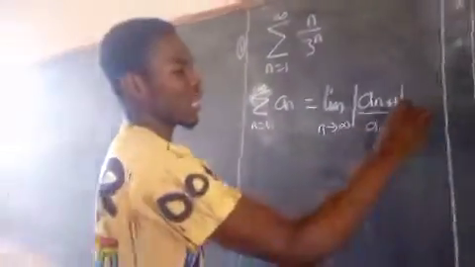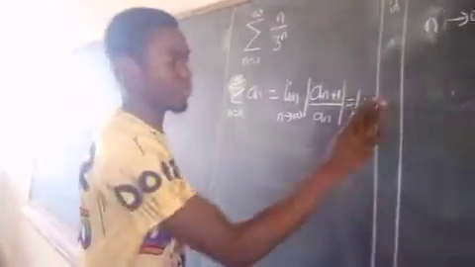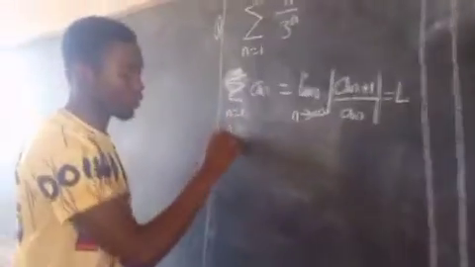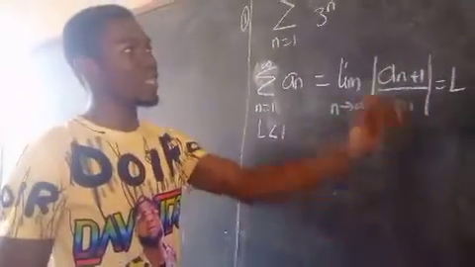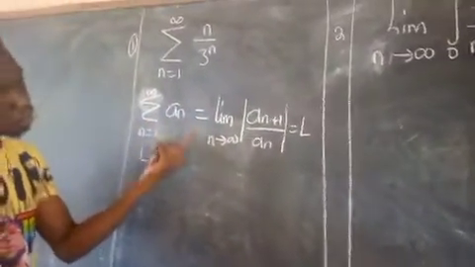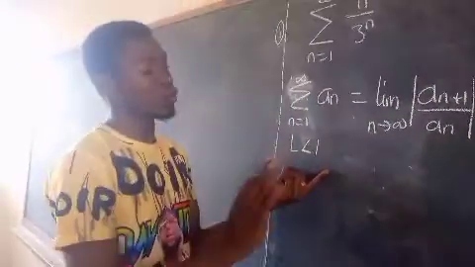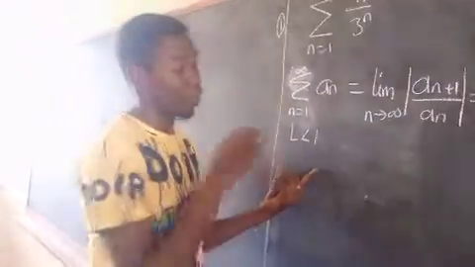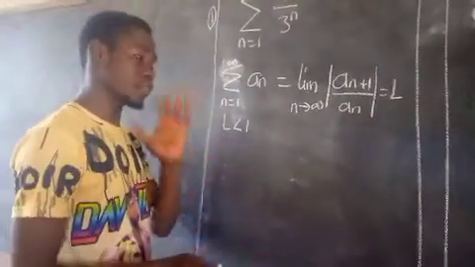So long as this gives us a limit L: if L is less than 1, we conclude that the series a_n converges. If L is equal to 1, the test has nothing to say about the convergence or divergence of this series. If L is greater than 1, the series diverges.